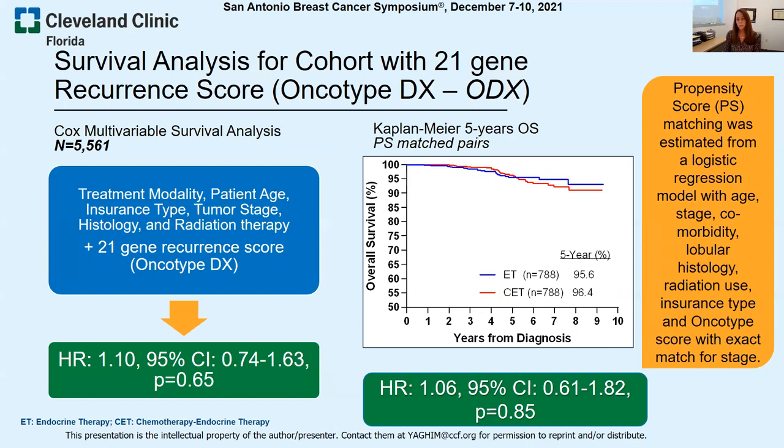Propensity score matching was performed. The model included age, lobular histology, stage, comorbidity score, radiation therapy, insurance, and Oncotype DX scores with exact match of overall stage. This yielded 3,003 patient pairs. 5-year overall survival still remains similar between the 2 groups in the matched sample.